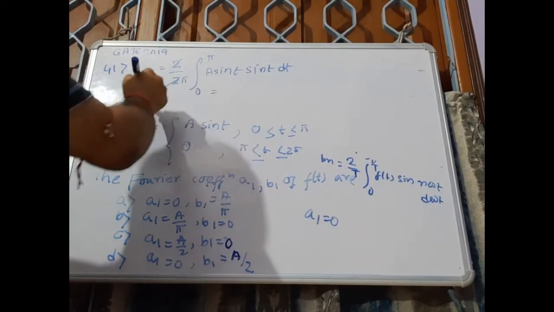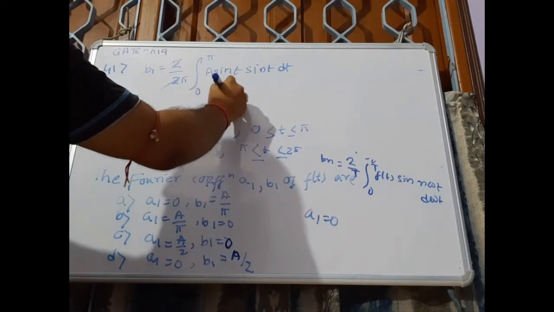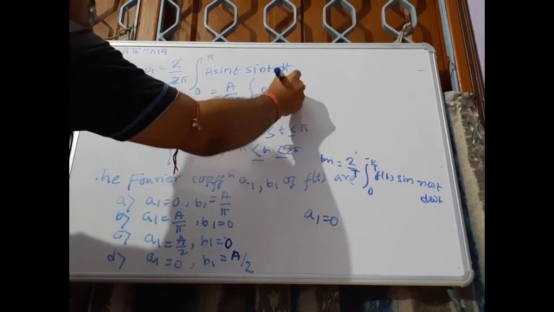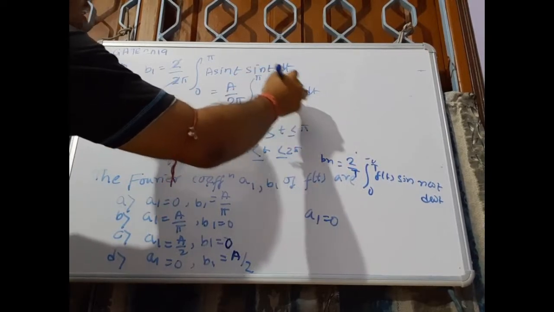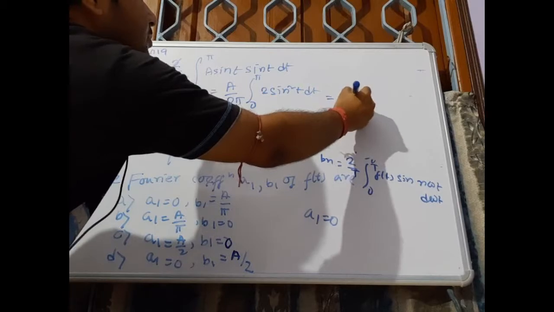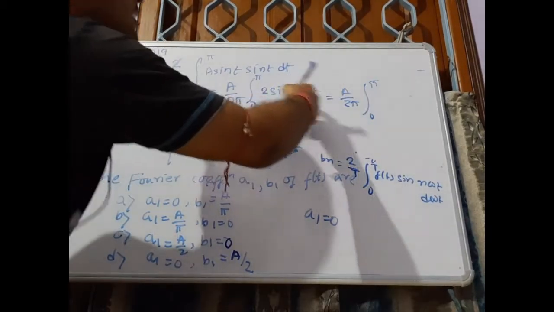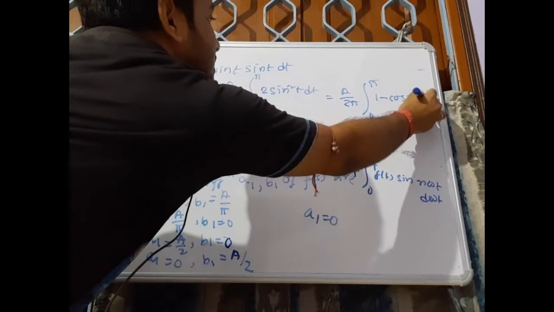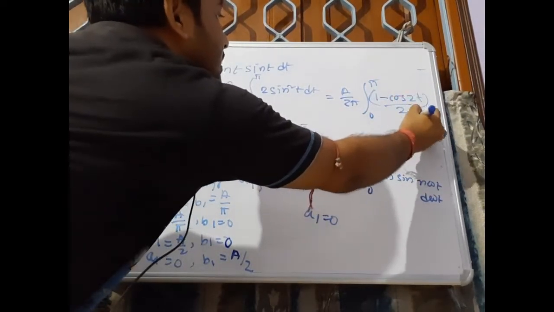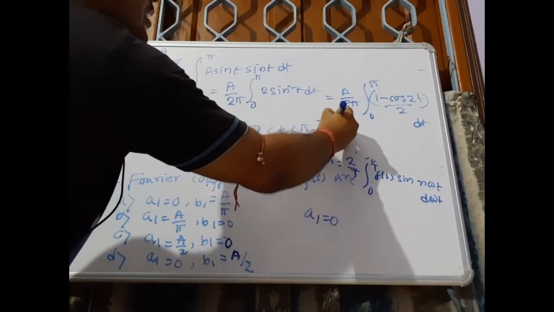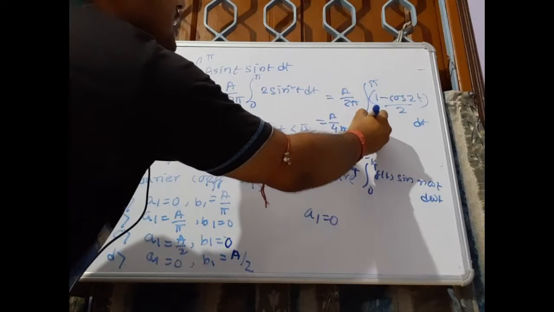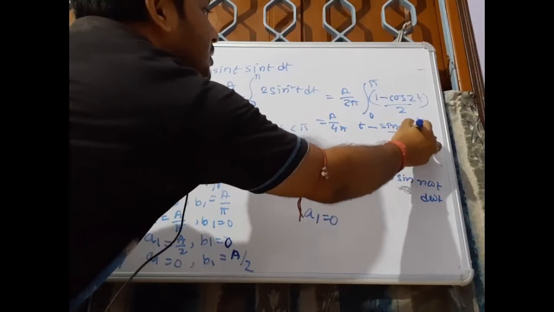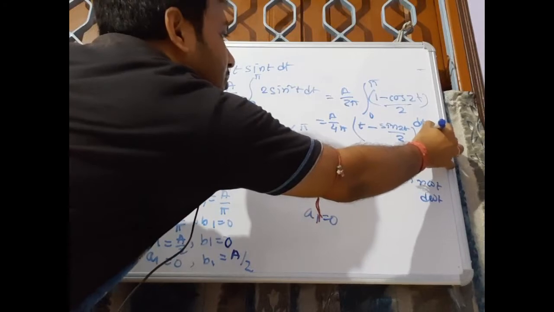Now this will cancel and this will be a by twice pi integral of 2 sine square t dt from 0 to pi, and this can be written as a by twice pi integration of 0 to pi, 1 minus cos twice t by 2 into dt, and this will be a by 4 pi, t minus sine twice t by 2, from 0 to pi.